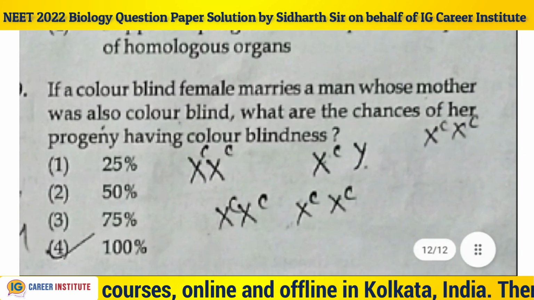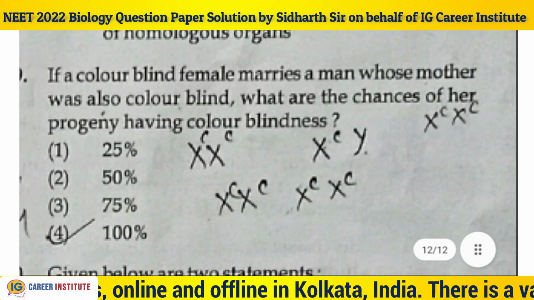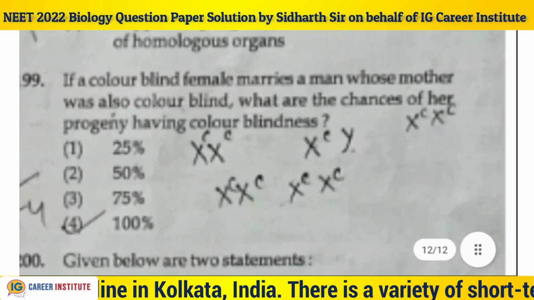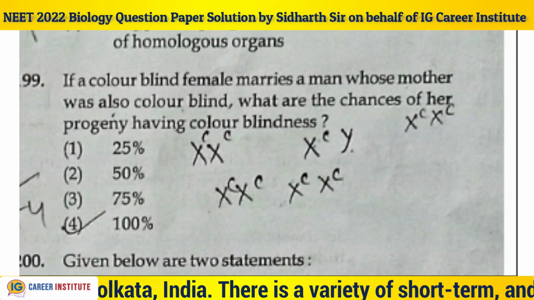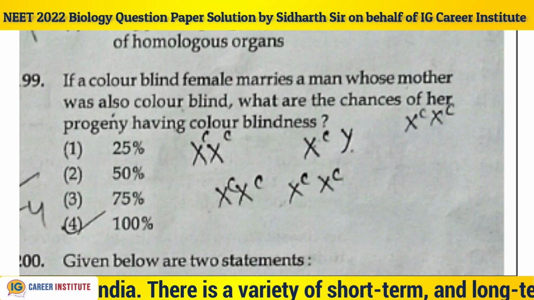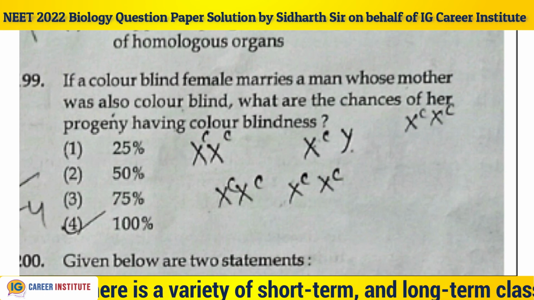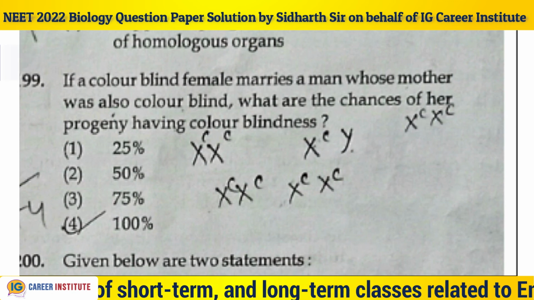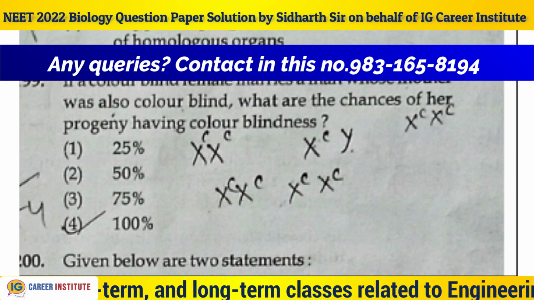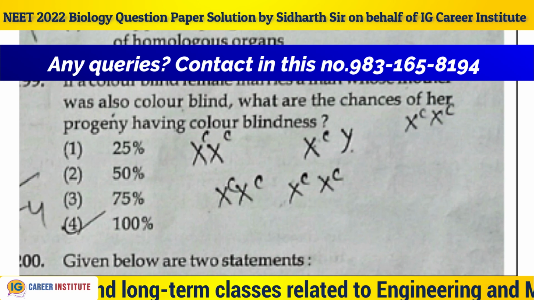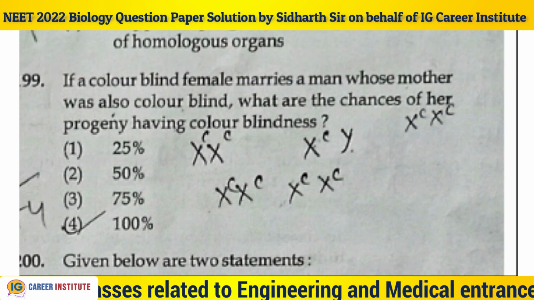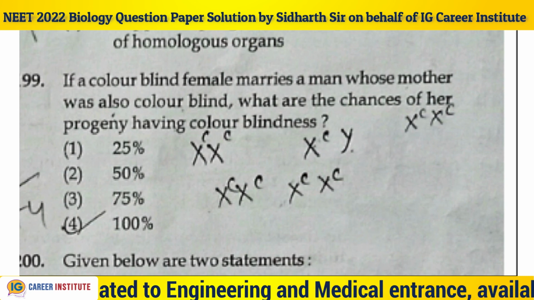If a colorblind female marries a man whose mother was also colorblind, what are the chances of her progeny having colorblindness? It's 100%, right? Basically, I don't want to show you the maths now. So, look. A colorblind female means both her X chromosomes are affected.